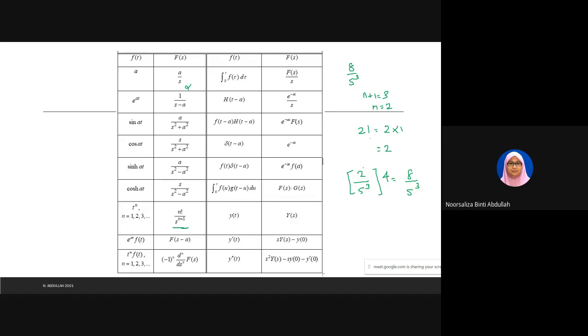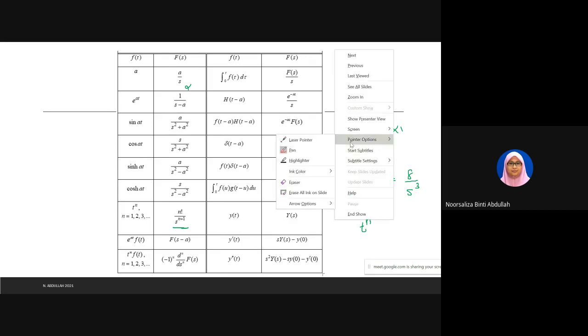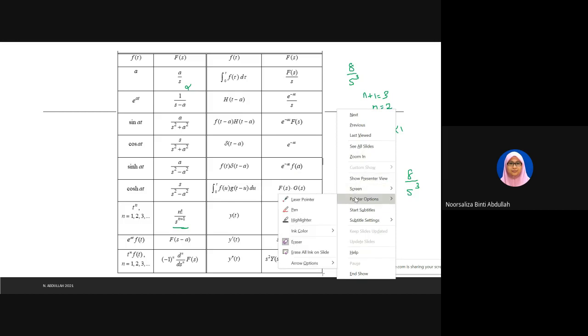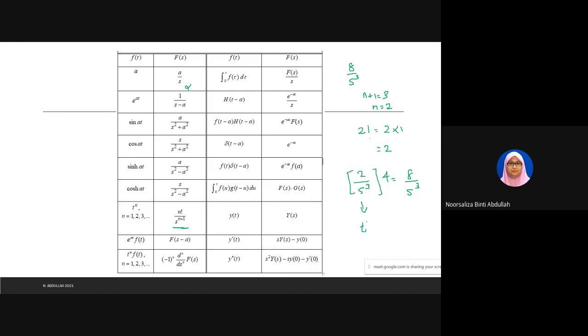So 2 over S^3 is actually equal to t to the power of n. What is your n? n is 2. Then times with 4.